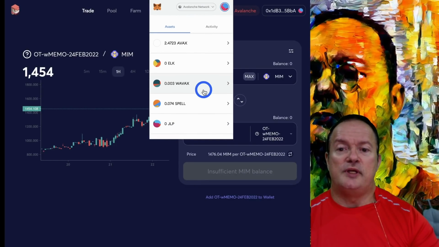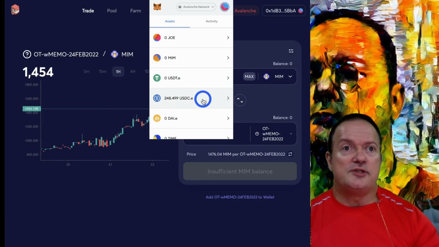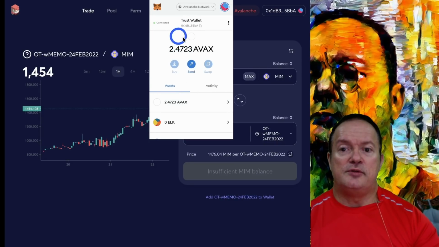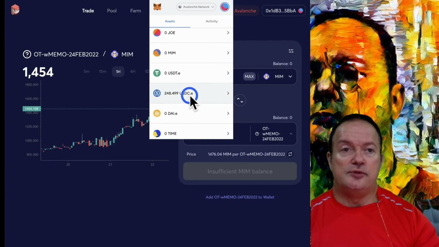It's not much WAVAX here. And I've got some USDC I could use a little bit. So I'm going to use a couple of AVAX tokens and I'm going to use the USDC. It's not a lot of money, but it's for demonstration purposes.